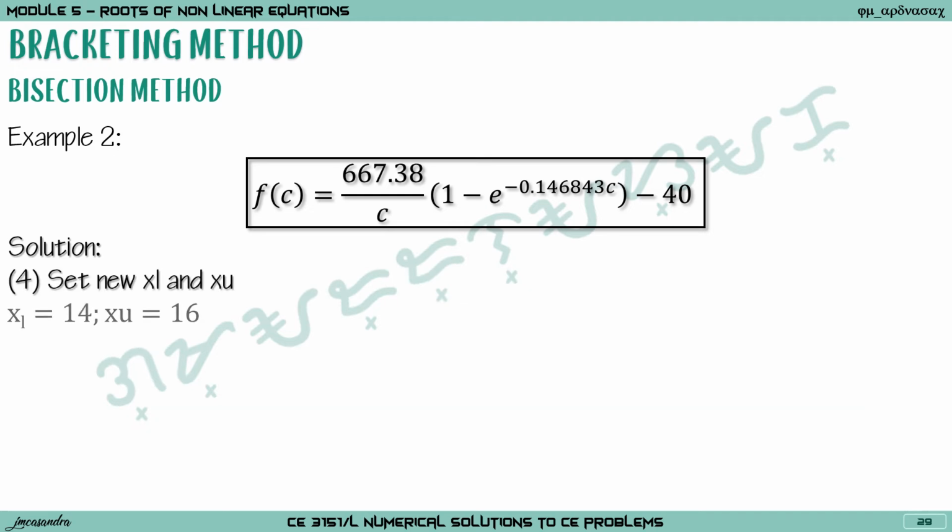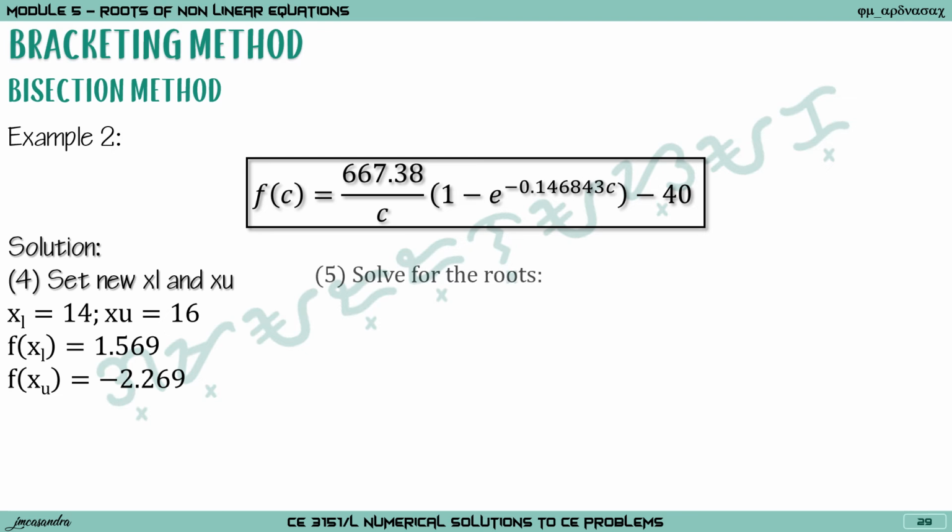So for our new xl and xu, 14 and 16, we compute for the functions of x. Then we compute for the approximate root, and xr now is equal to 15.